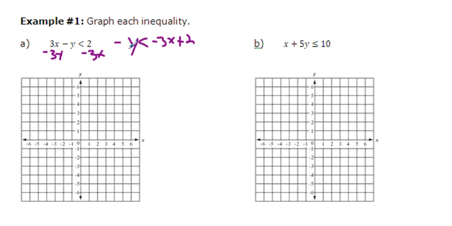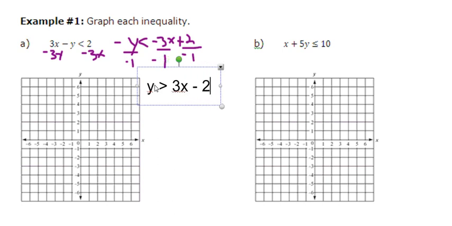Now, I haven't actually solved for y yet because there's a negative in front of it, so I have to divide by negative 1. Everything gets divided. So what I have now is y is greater than positive 3x minus 2.